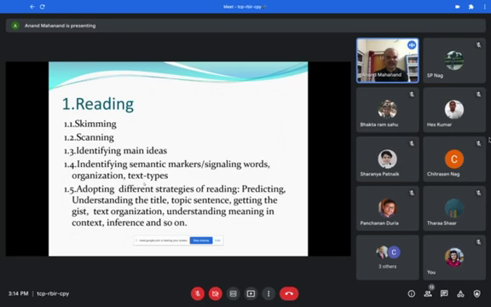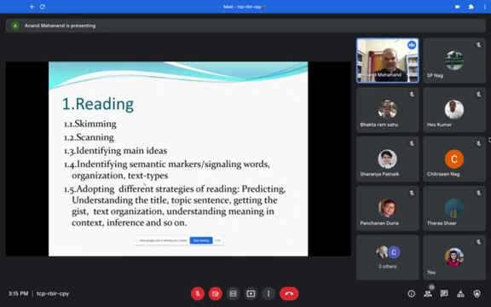So if you combine both, you'll be a good, effective reader. You understand the text as a whole, and also you know the details of whatever you have read.